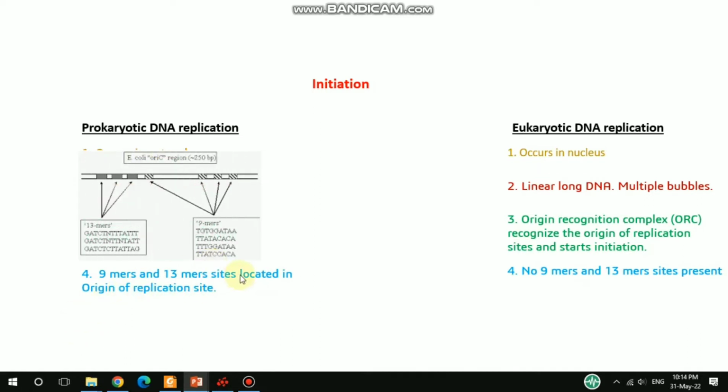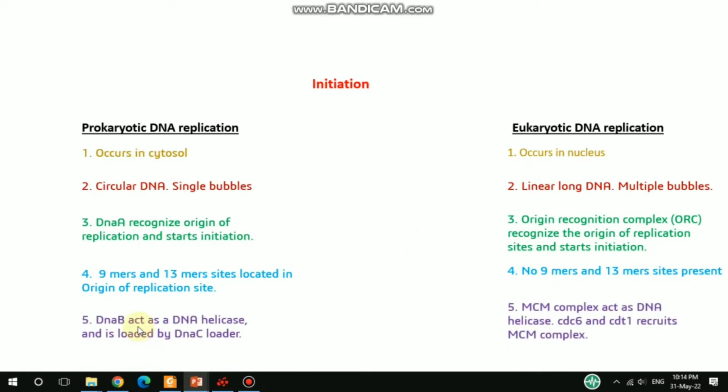Number 4: the prokaryotic origin of replication site has two different kinds of sequence, 9-mers and 13-mers. As you see in this figure, this is the 13-mer and this is the 9-mer sequence. But in the eukaryotic system, there is no such sequence in the origin of replication site.